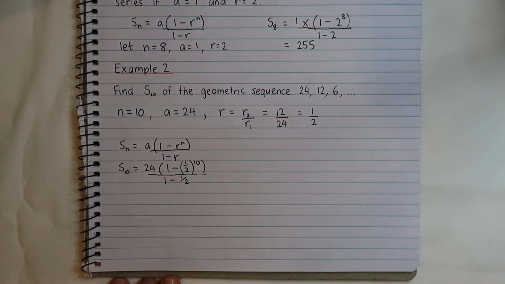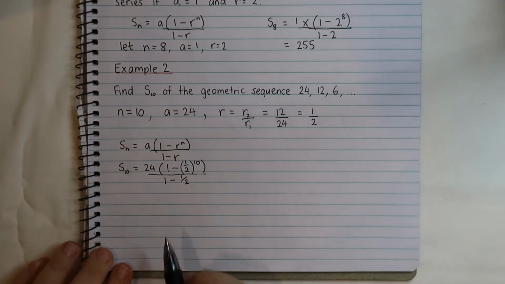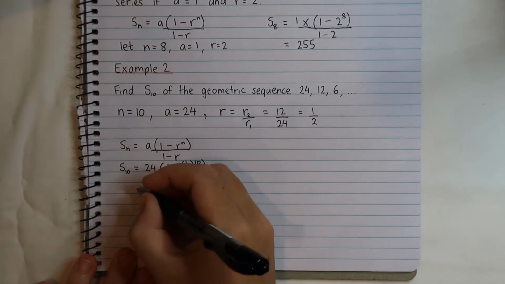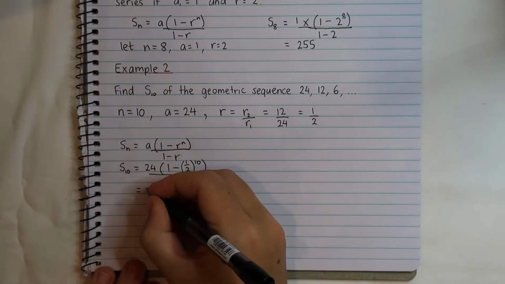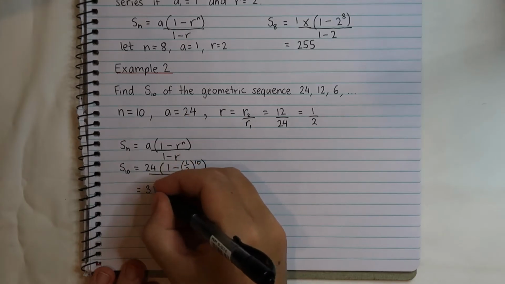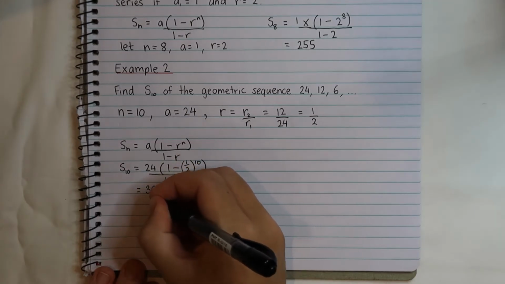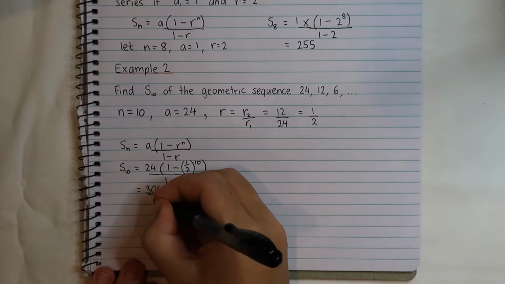Okay, so we've subbed in all our values, and now when we put this into our calculator, we would get 3,069 over 64.